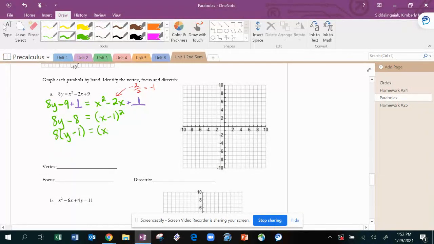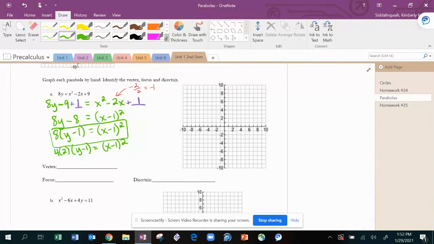And the reason I said that's quite lovely is because 8, first of all, was a number I could factor from both terms. And 8 is divisible by 4. So if I really wanted to break down, by the way, this would be a vertex form. If you want to take a look at that. But if I want to break it down so that I can see my p-value, I can write that as 4 times 2.